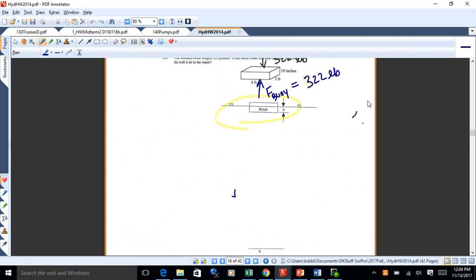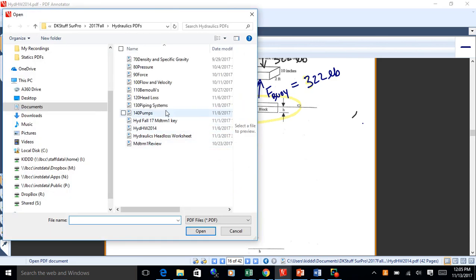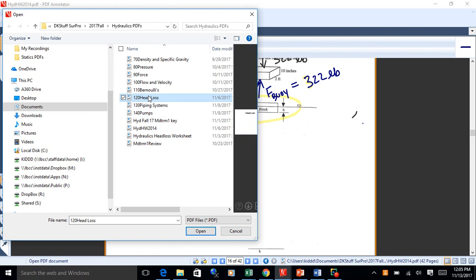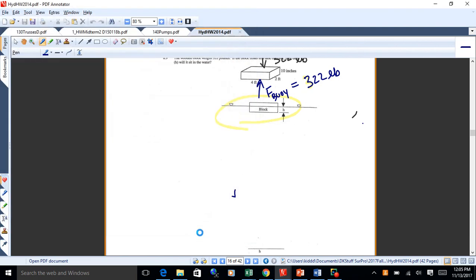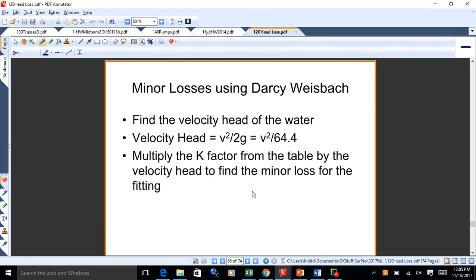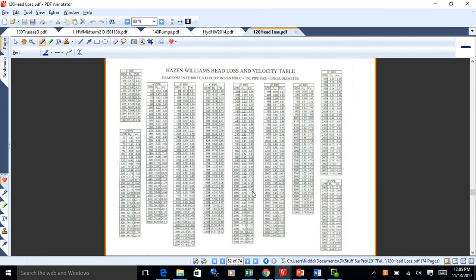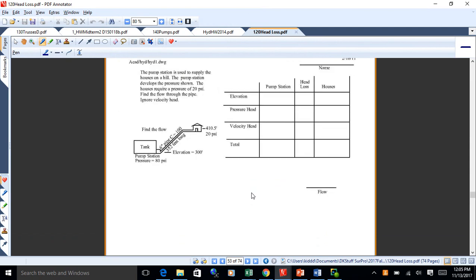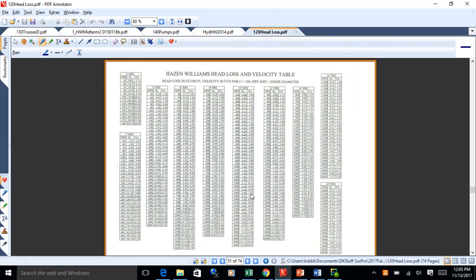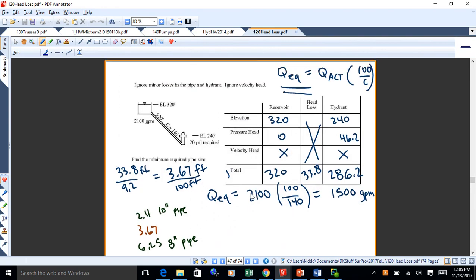Okay, so we got that. Let's see. How about that handout? Are there questions on that? Are we doing okay with the handout? So the first two on the handout were just to find the pressure.